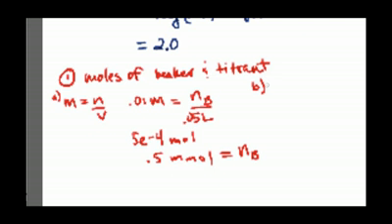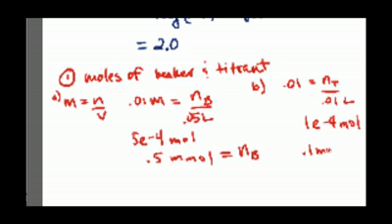Now let's do the titrant. We have the same molarity, but we have only 10 milliliters. So this is 1e to the -4 moles, which is 0.1 millimoles of titrant.